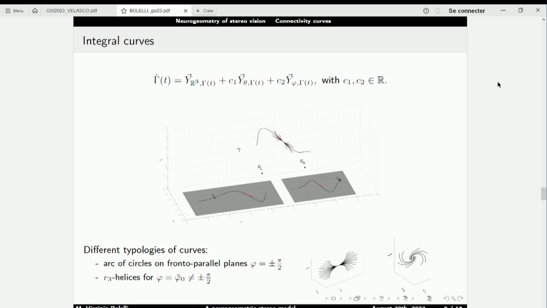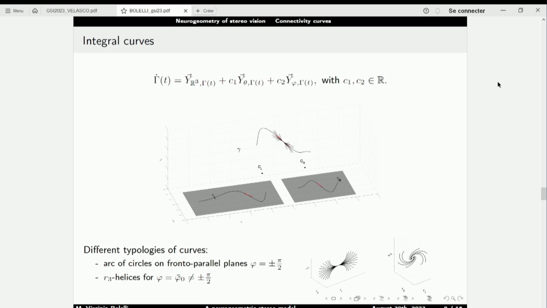And we notice that among our curves, we can retrieve different families. For example, if we restrict ourselves onto frontoparallel planes, which are planes that are parallel to our parallel retinas, we can recover arcs of circles, and this is in accordance with the previous sub-Riemannian model for monocular vision proposed by Citti and Sarti.